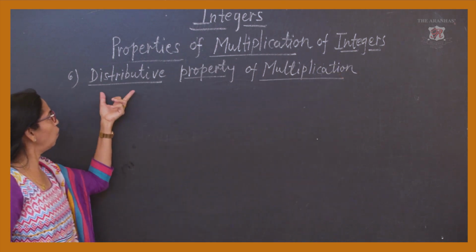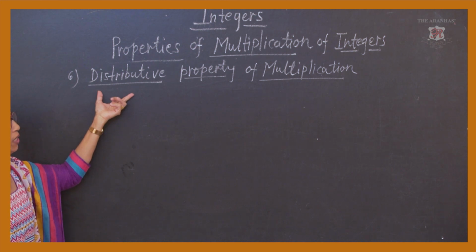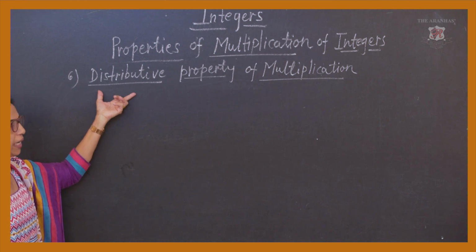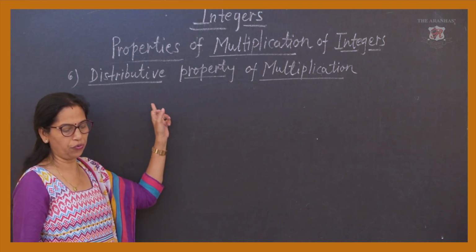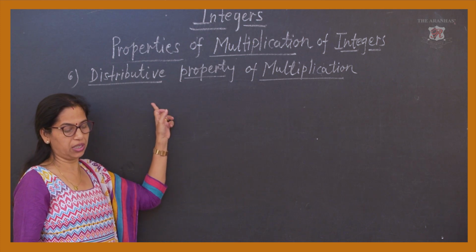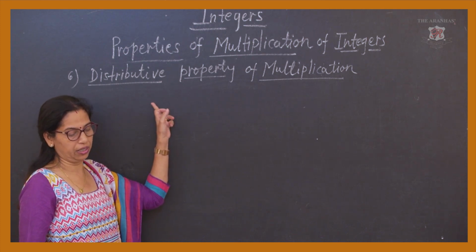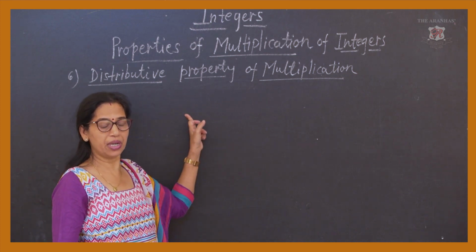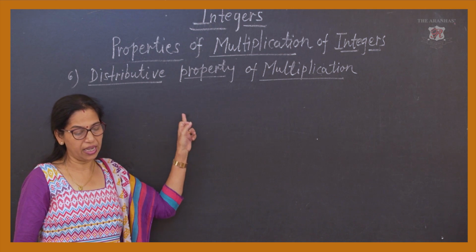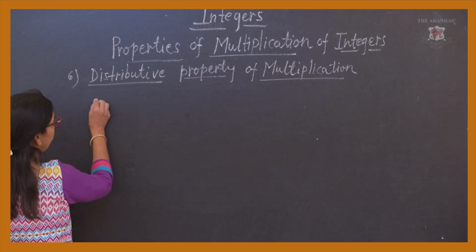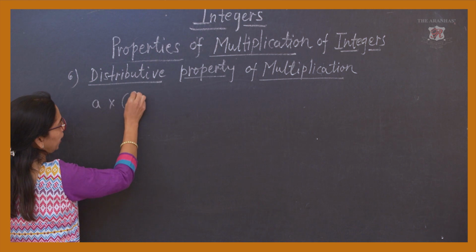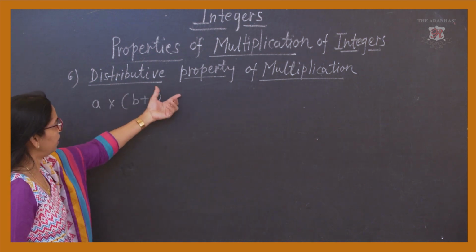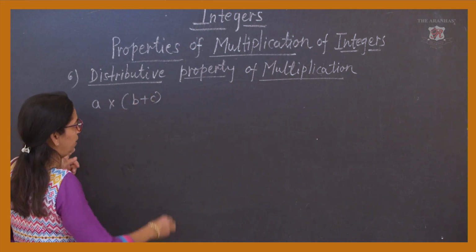Now, when we think of the distributive property of multiplication, we have to see it in case of addition as well as in case of subtraction. First we will see that for the addition. Suppose we have three integers a, b and c. Then we can write a into bracket b plus c, as we are considering this for the addition.